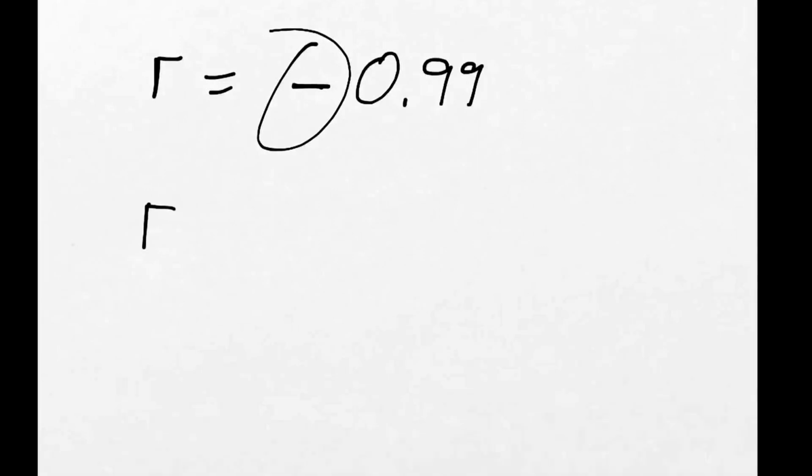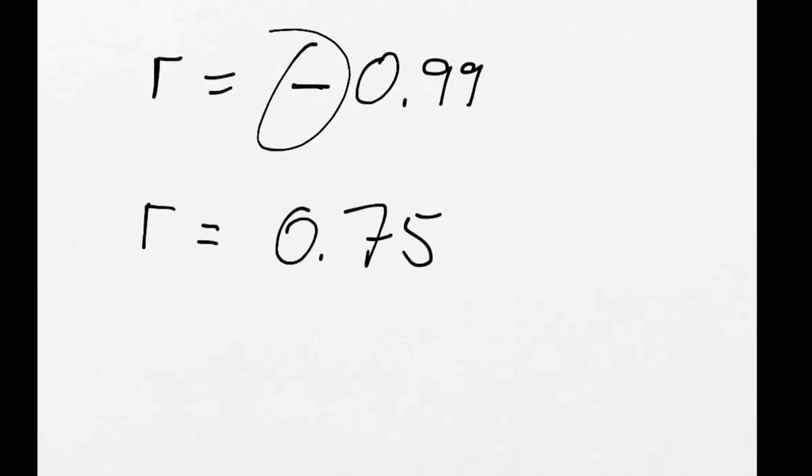What happens if we have R equals 0.75? Is it positive or negative? It's positive, because we've got a positive sign. Now, it is smaller than 0.8, so let's call it medium strong. It's not terribly strong, because then it would be closer to 1, but it's also not close to 0.5. So it is medium strong positive.